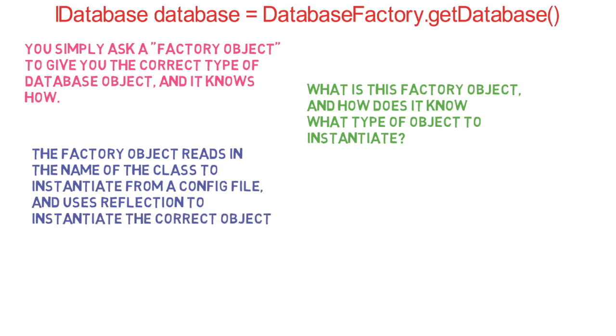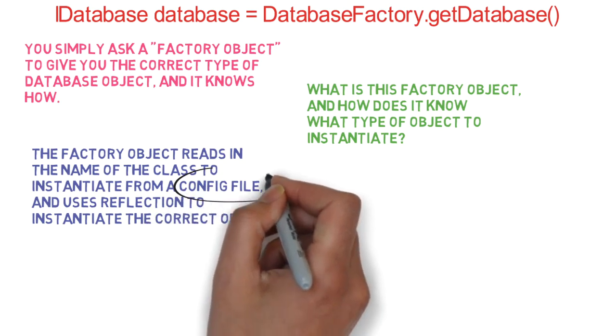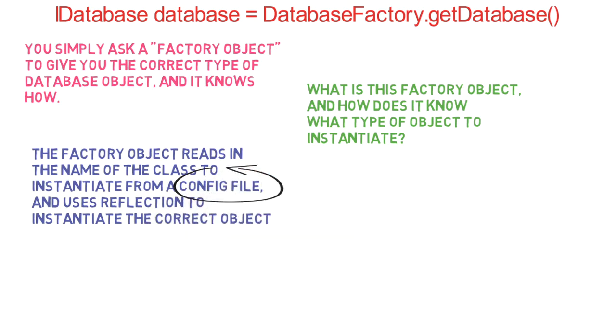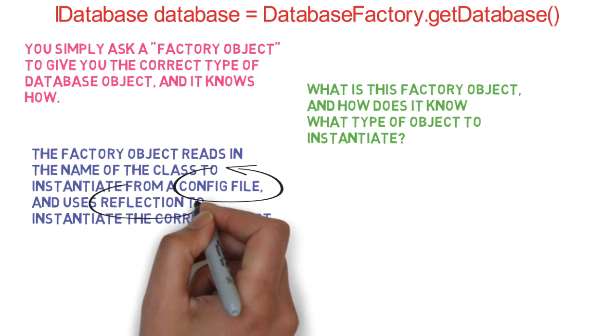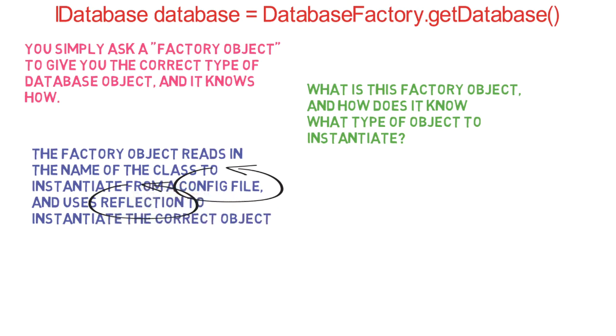There's a lot going on in this sentence, and hopefully you're familiar with reflection. We'll talk about it shortly if you're not. But the use of a config file and the use of reflection is what will help us solve this problem without releasing code to production.